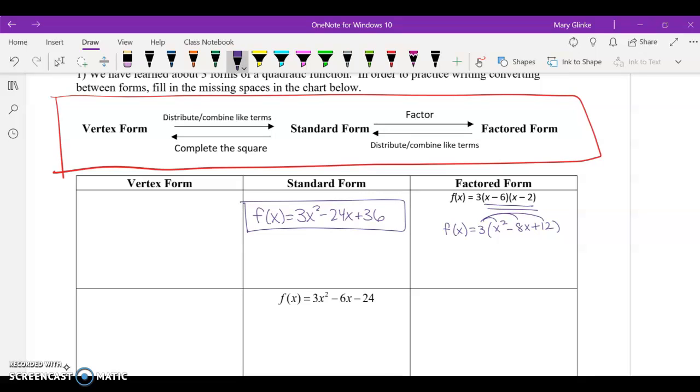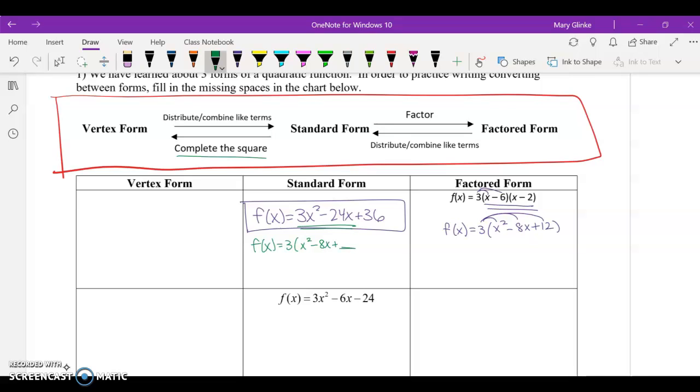If I were to try to distribute the 3 first, that is okay as long as you only distribute it to one factor. If you distribute it to both, you're double dipping and we can't do that. To go from standard form to vertex form, we're going to use the process of completing the square. So I'm going to factor the 3 out of the ax squared and bx term.